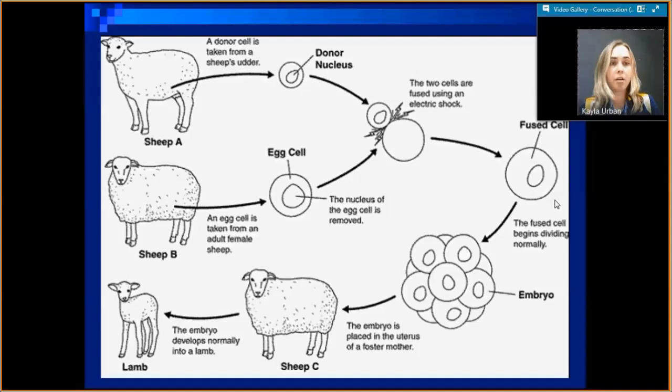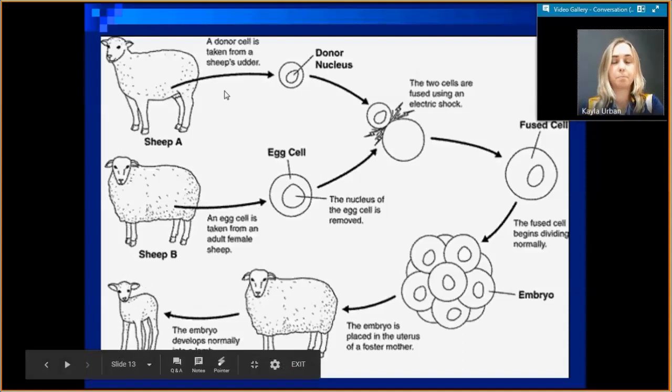There has to be a mother that's willing to allow that embryo to grow into a baby and birth it. So then that embryo grows and develops into a normal lamb. It was born, and it was a clone of sheep A. And that is how you create a clone.